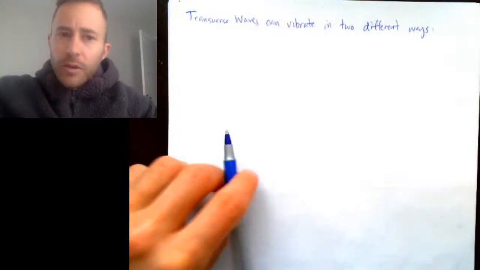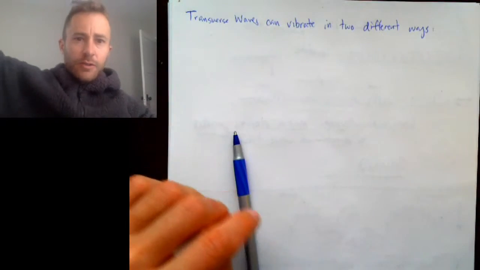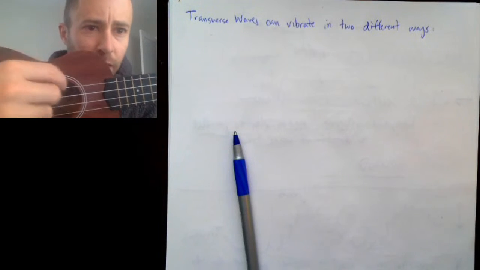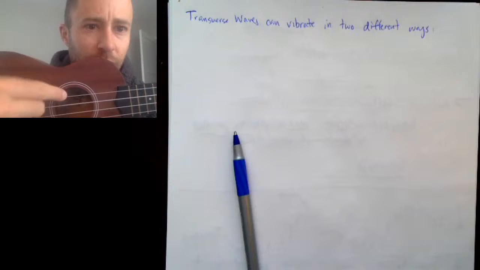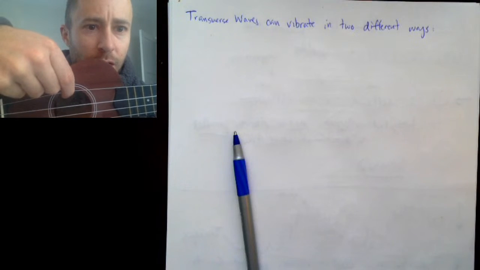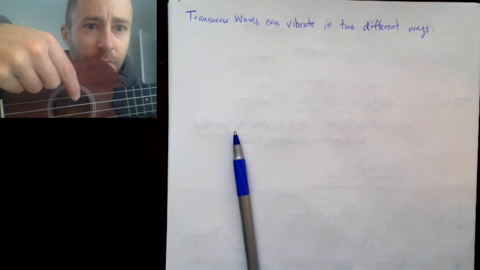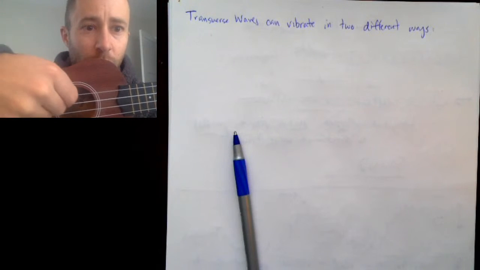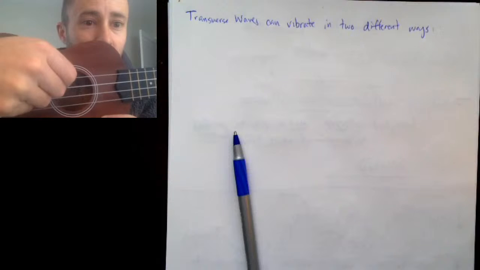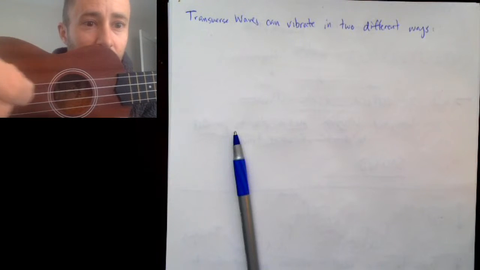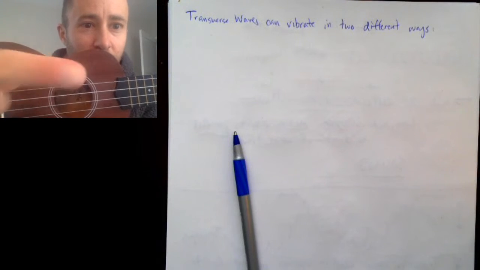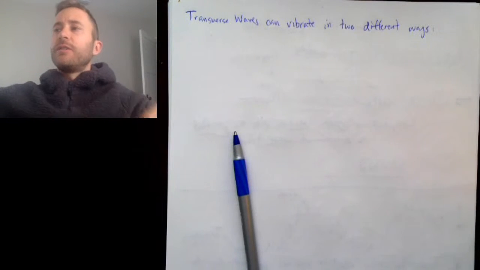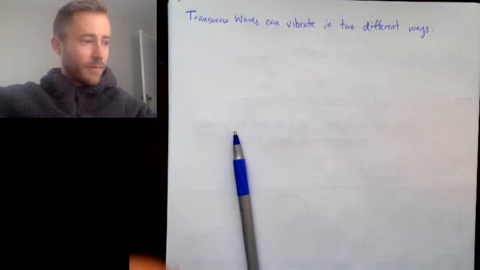A good example of that is, if I pluck a guitar string, I could pull it up and then release it, creating a vibration that goes like this. Or I could pull it out towards you guys and release it, in which case it's vibrating like this. Those are two different transverse waves.